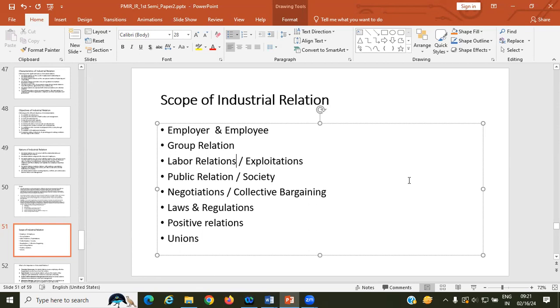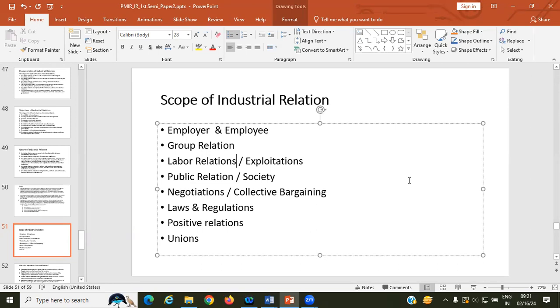For example, suppose you are coming to the industry, the labor law says everyone has to work 8 hours. So based on that, industry has a rule that people will come by this time and go by this time, whatever the shift, so based on that labor law, you have to implement that.